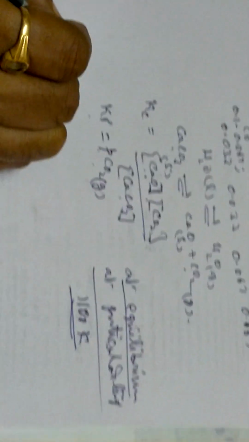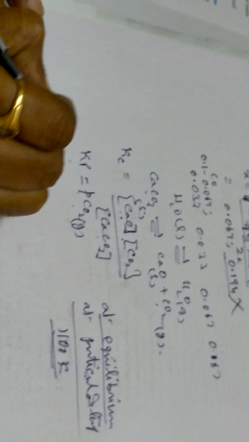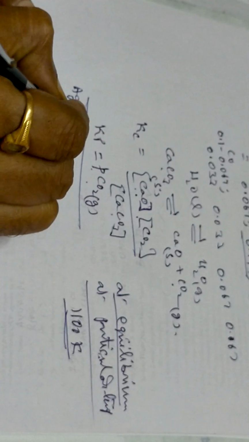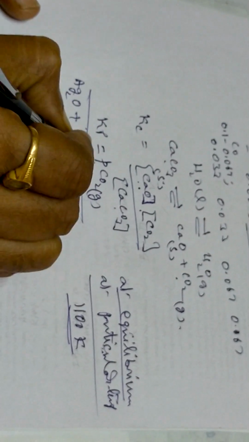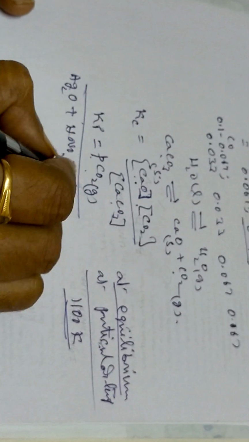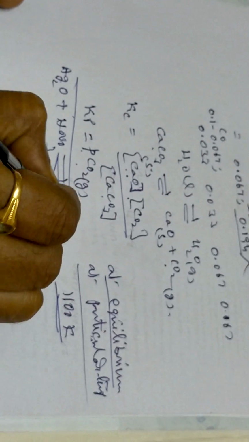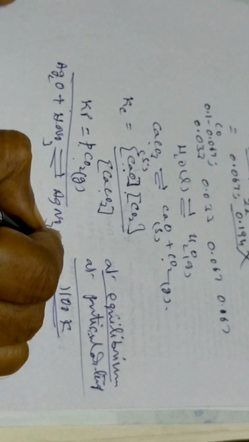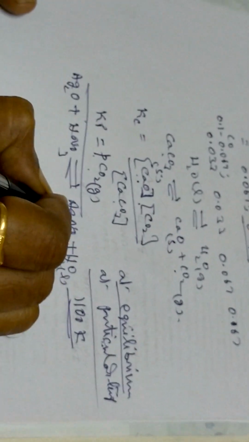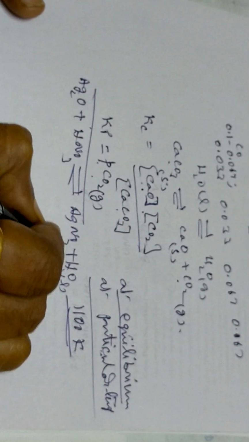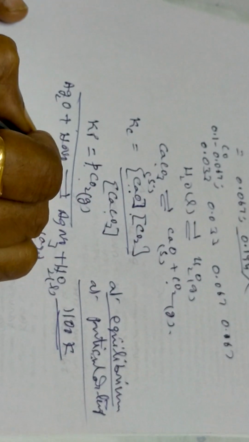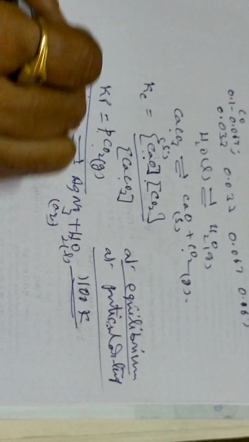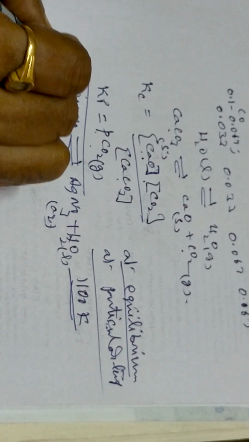That is silver oxide, Ag2O. Ag2O plus nitric acid, HNO3, gives silver nitrate plus water. Water is a liquid, silver nitrate is an aqueous solution, nitric acid is aqueous, and silver oxide is solid.